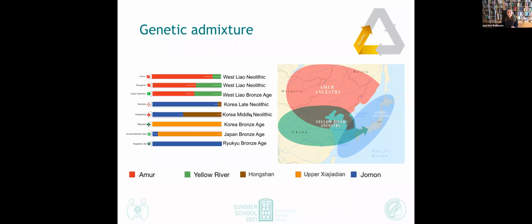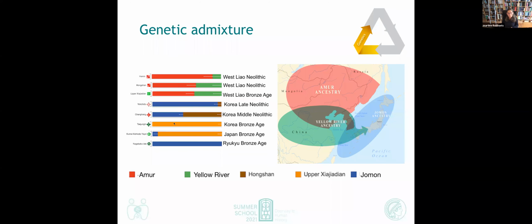But in general, our middle Neolithic Korean genomes were a combination of Jomon ancestry here in blue with Hongshan ancestry. And Hongshan ancestry, that is the genetic profile of the people living here in the Westliao River area. So this suggests a gene flow from the Westliao River area into the Korean Peninsula that was probably accompanied by millet, by the introduction of millet farming.